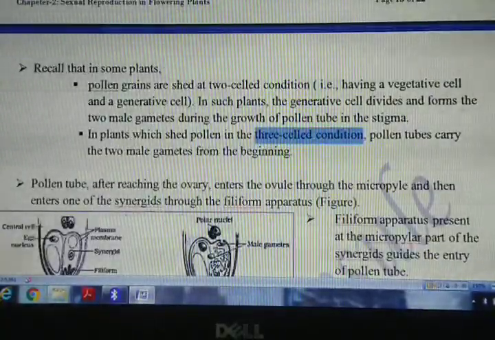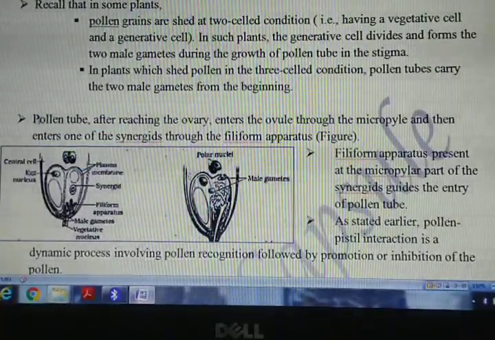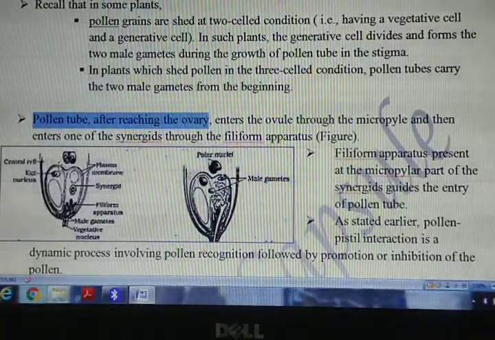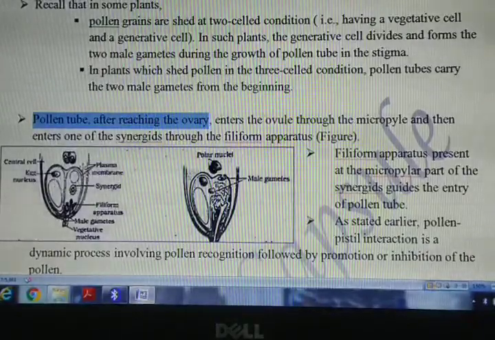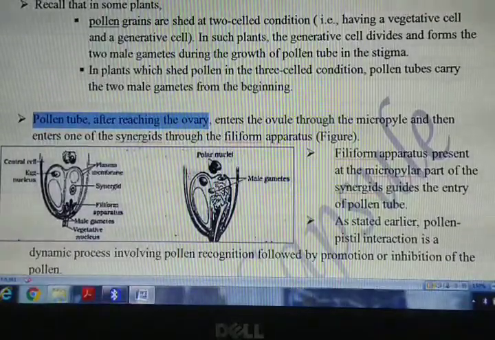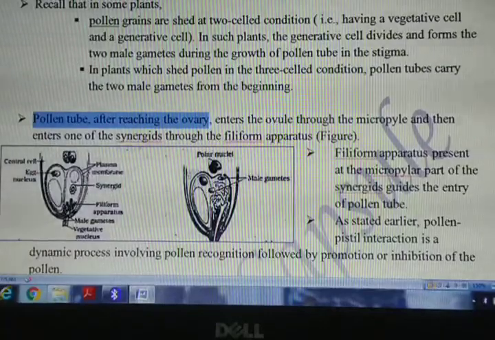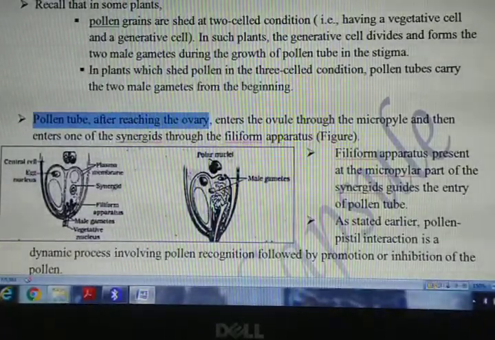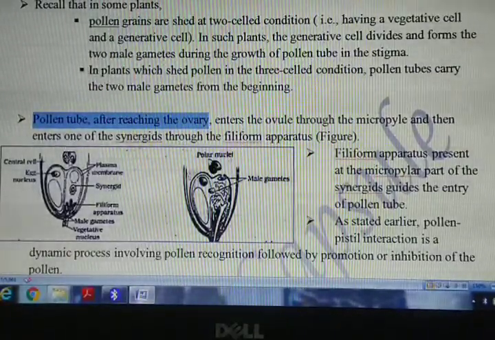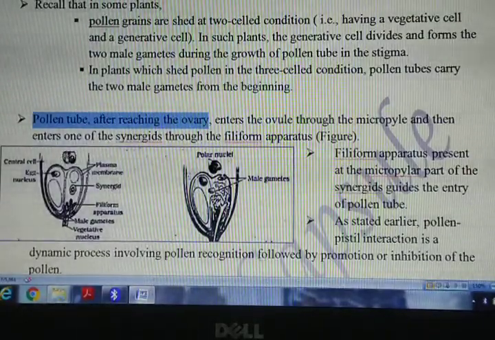Now after the pollen tube reaches the ovary, if you remember, in the embryo sac we had studied about 7-celled and 8-nucleated. Out of that, 3 are arranged near the micropylar end, 3 at the chalazal region, and one large cell is there in the center which has 2 nuclei, called polar nuclei.